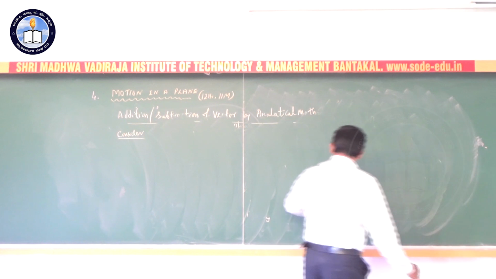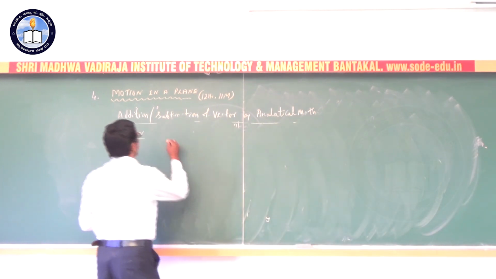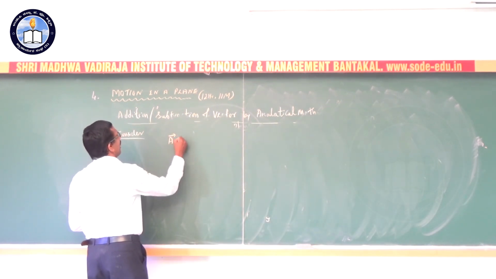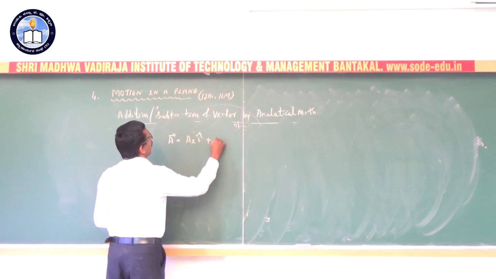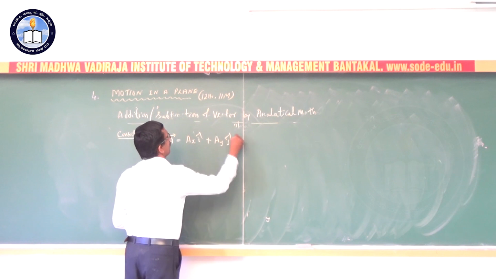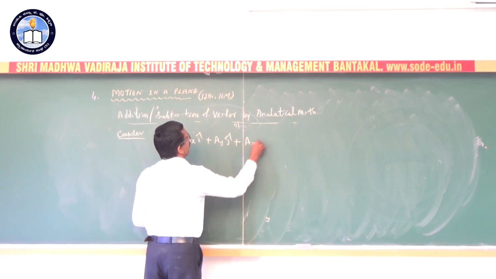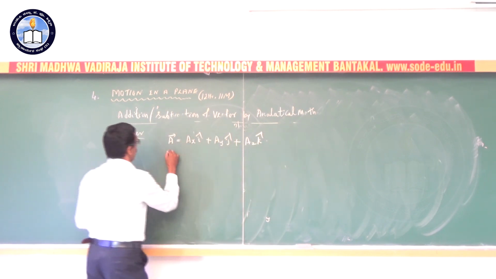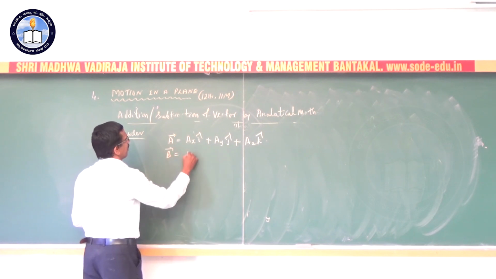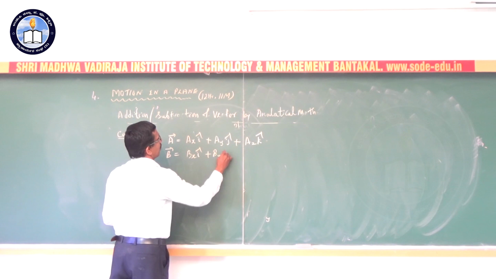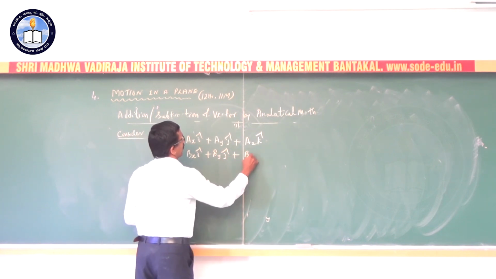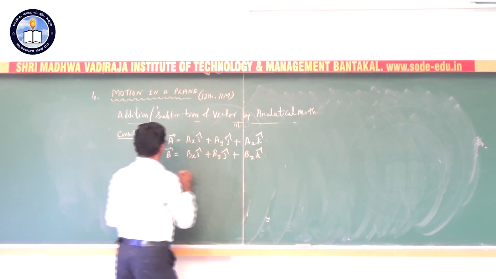Say vector A is ax into i cap, ay into j cap plus az into k cap. B is bx into i cap, by into j cap, bz into k cap.